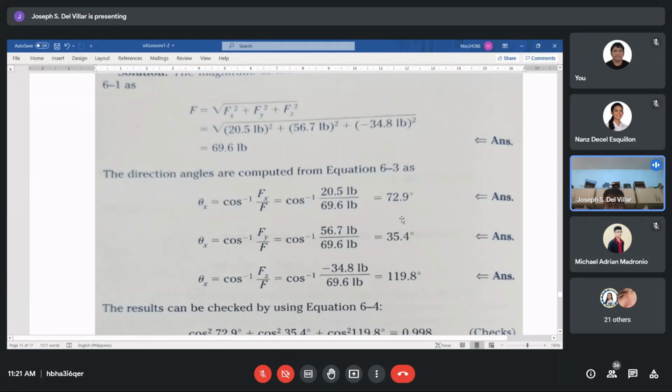Ito, ilan ba itong pangalawa? 56.7 divided by 69.61, 35.46 degrees ito. 35.46 degrees. And then for the last one, this is 120.00 degrees.